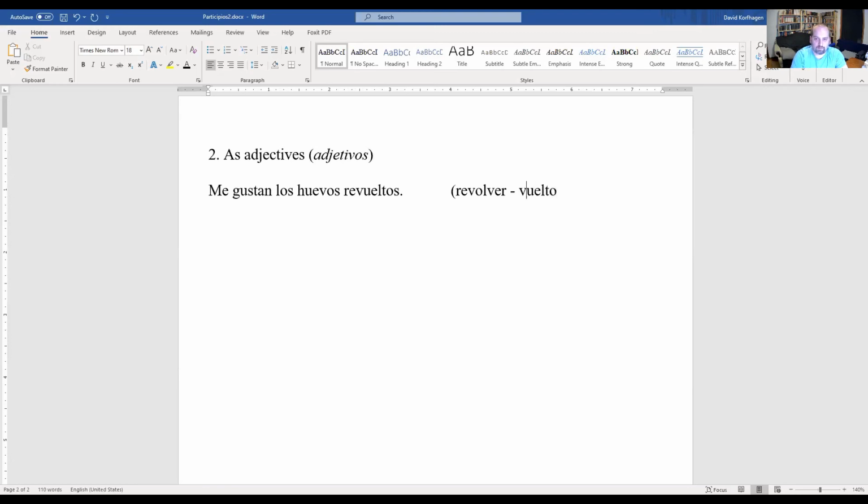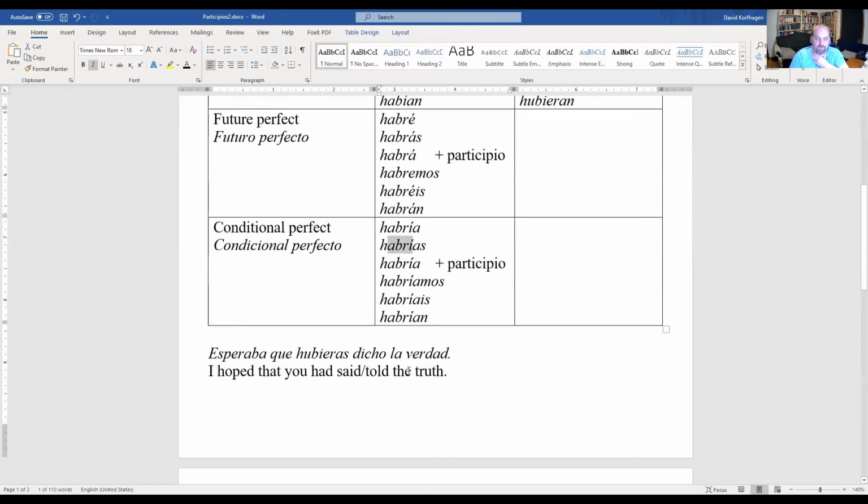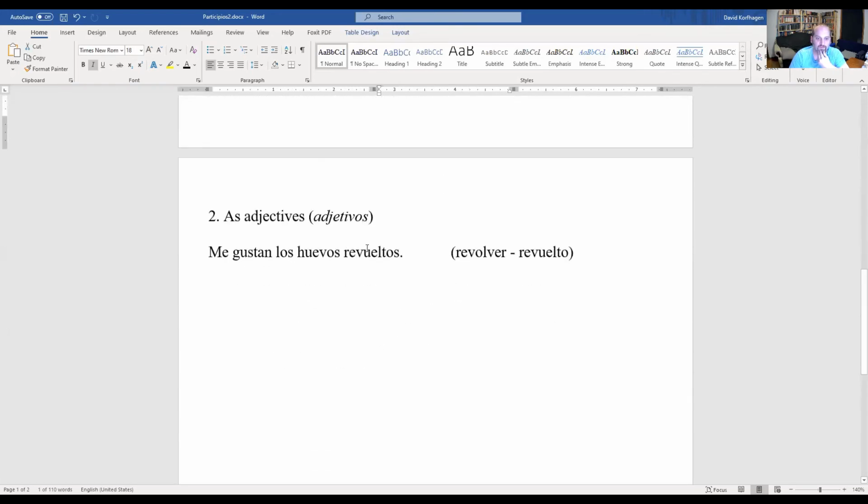And then we just add the re in front of it: revuelto. But in this case, notice that up here, it's a perfect tense and it's coming after some form of haber, any of these forms, right? Here, it's not coming after haber.